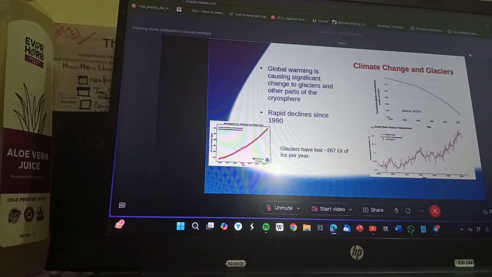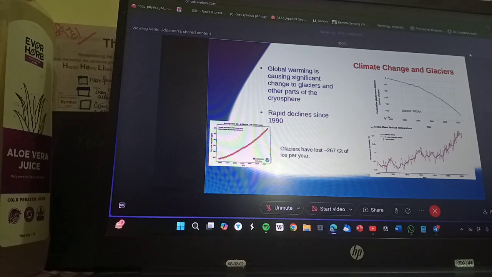So we all know about glaciers melting, glaciers receding, and if we look at the cumulative loss, it correlates very strongly. You will see a very significant drop happening since the 90s, and perhaps very accelerated since 2010 or so, and that corresponds very much to the rise in mean surface temperature, or the global temperature, that we have seen since the 1990s, which is where I'm pointing to, and you're seeing a much steeper growth since the 2010s.